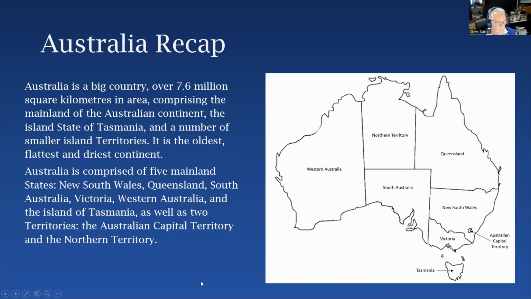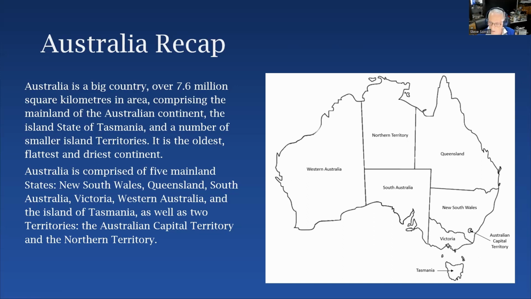And just a little bit of a recap on the geography, at least, of Australia. Australia is comprised of 5 mainland states. So it's Queensland, New South Wales, and Victoria on the right-hand side there, South Australia and Western Australia, and then Tasmania being off the main part of Australia, and then 2 territories, the Australian Capital Territory and the Northern Territory.